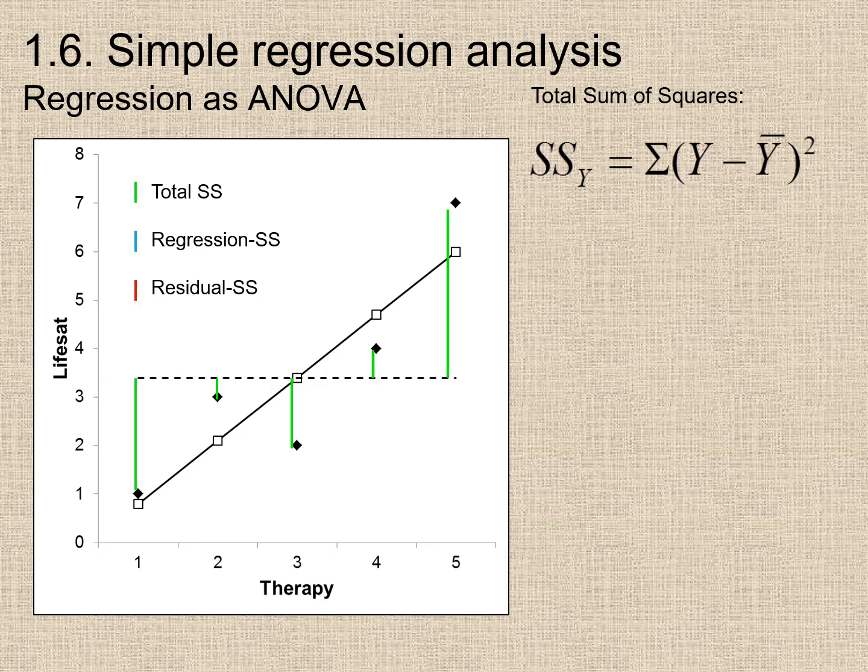Now we do pretty much the same, but now we don't have sample means anymore. But what are the sample means similar to in a regression analysis? It's the predicted values.